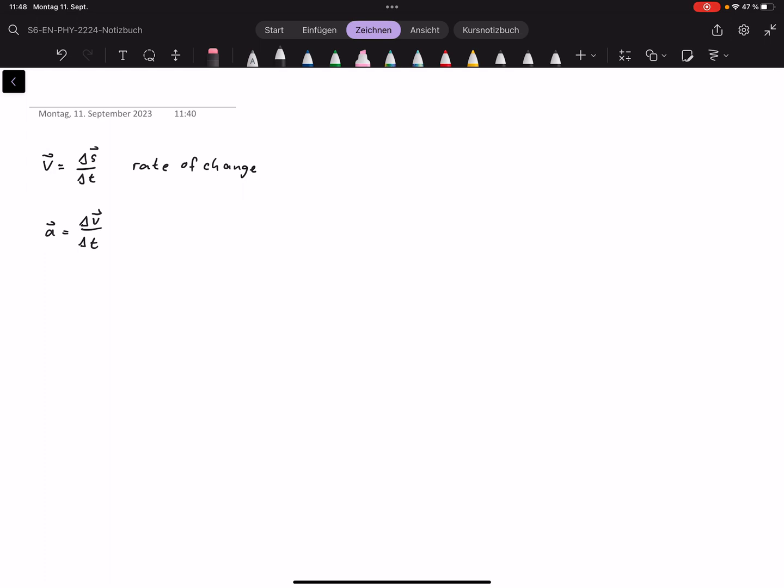But also the acceleration acts in a certain direction. Now this, I write that here in the corner. We already know that F is equal to m times a, and since the force has a certain direction, it comes from the acceleration.